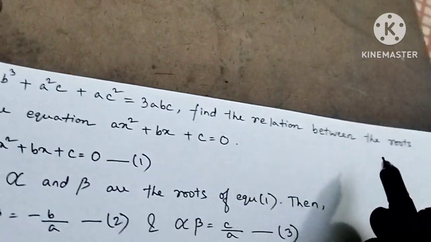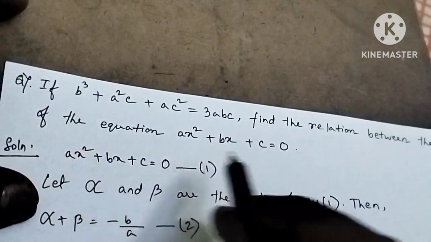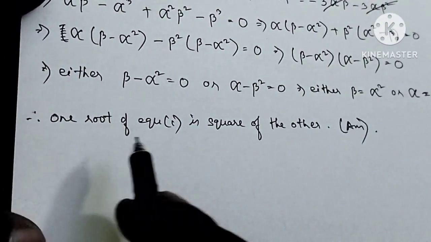So the relation is that one root of equation 1 is the square of the other. This is equation 1.